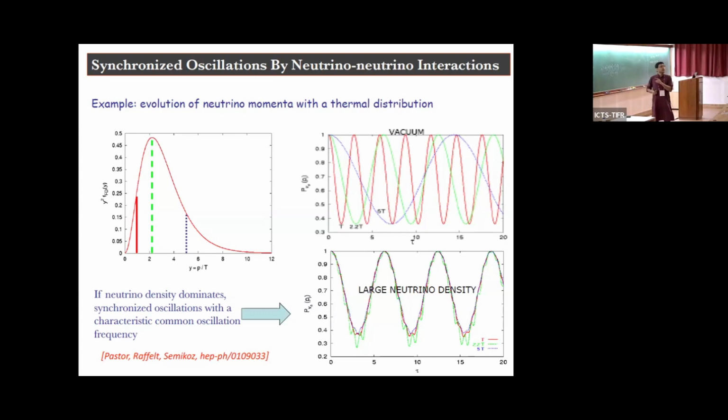This is very similar. There is this very nice discussion where people show this very simplified system can be thought of like a superconductor, where these different neutrinos are like Cooper pairs, and so the evolution of one is connected to another. So this is what we used to call the synchronized oscillation.